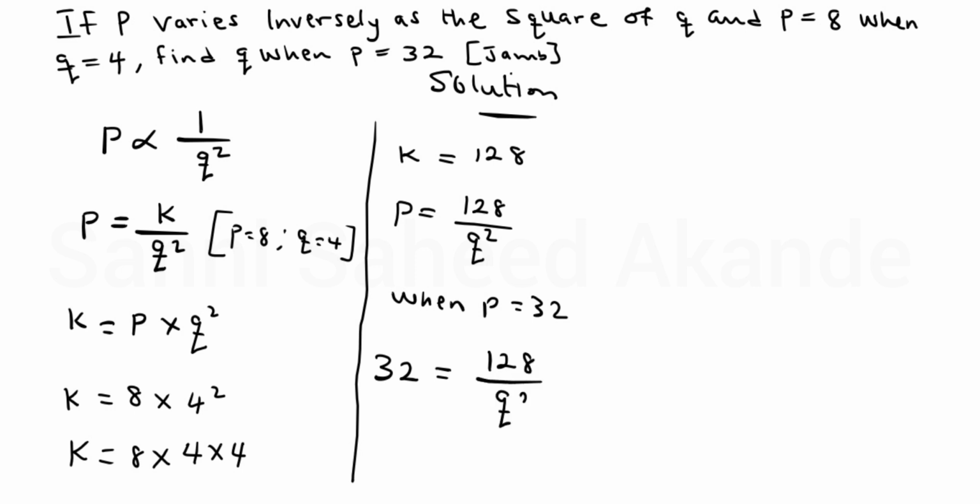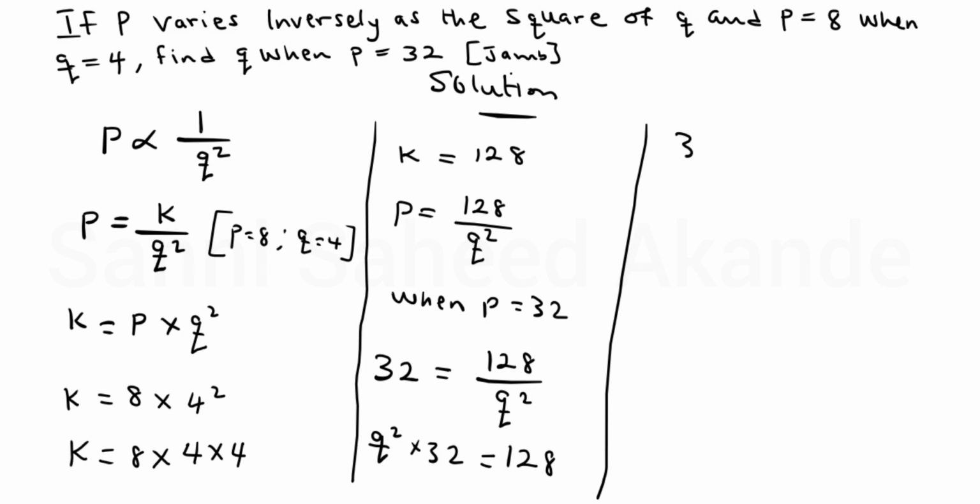When you cross multiply, you have q squared multiplied by 32 equal to 128. So you have 32 q squared equal to 128.